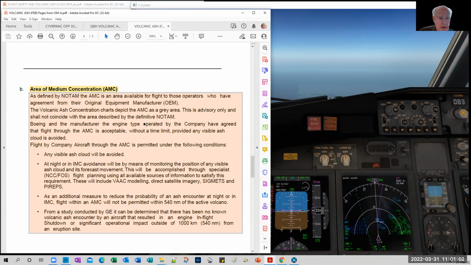Boeing and the manufacturer of the engine type operated by the company have agreed that flight through AMC is acceptable without a time limit, provided any visible ash cloud is avoided.